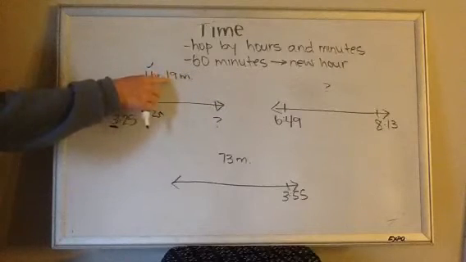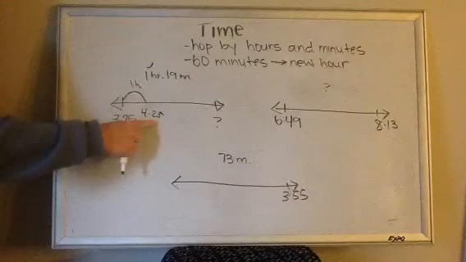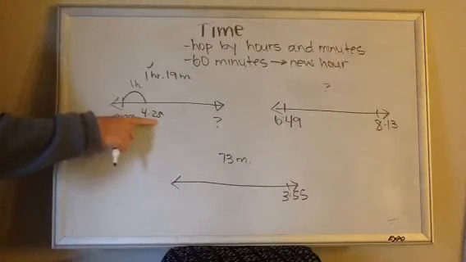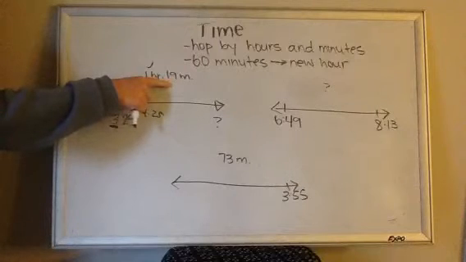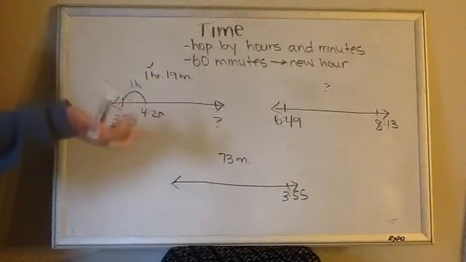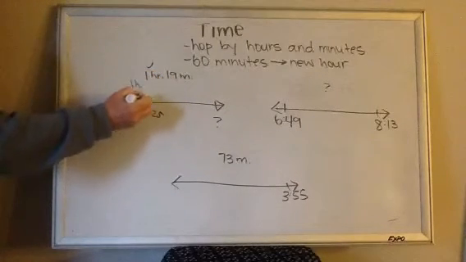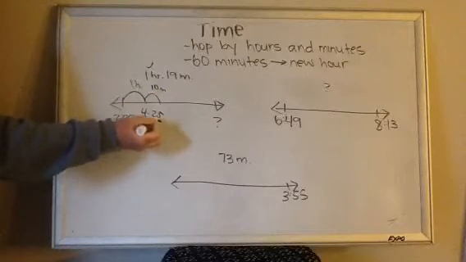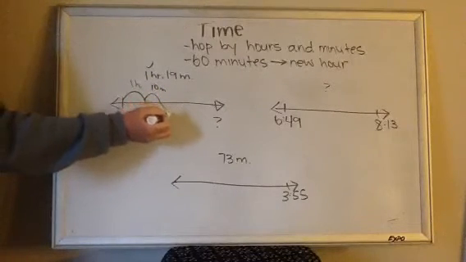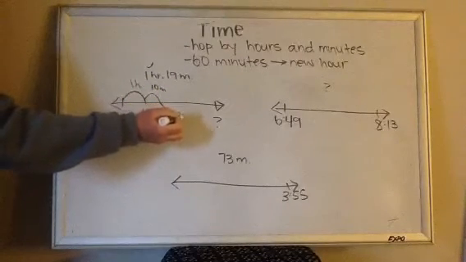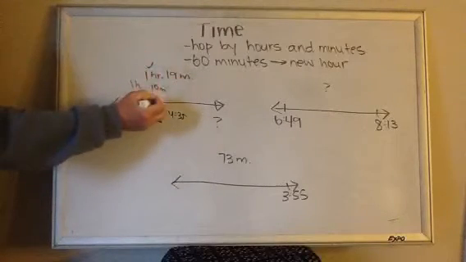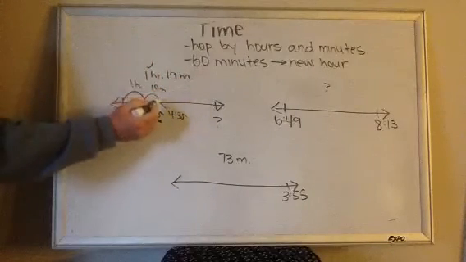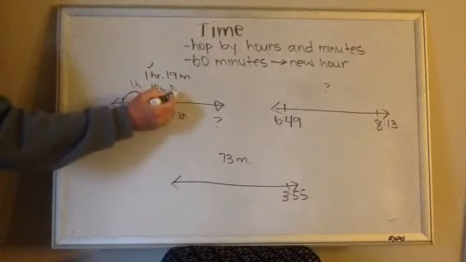I could break that into 10 and 9. Some people like to go to perfect tens and they would do 5. That does then make this number a little difficult to work with. So I'm actually going to do 10 minutes. So that means my minutes should now change. So 25 and 10 more is 4:35. And now I'm going to add, this would be a good opportunity to do 5 minutes.